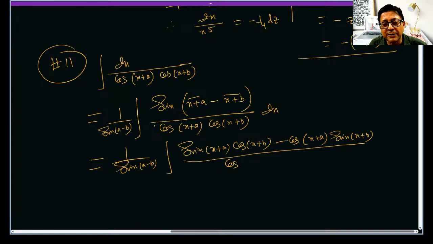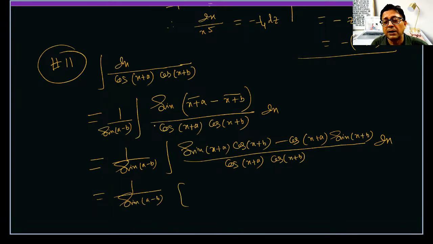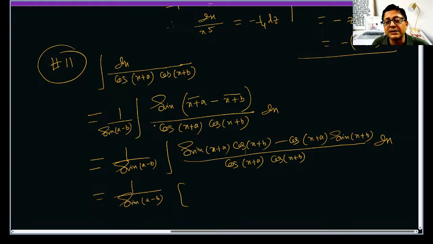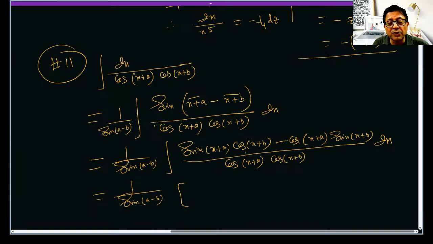That divided by cos(x + a) into cos(x + b). Now separate. If you separate, you can see that cos(x + b) gets cancelled from the first term, and from the second term cos(x + a) gets cancelled. And this division is allowed because sin(a minus b) is a constant.